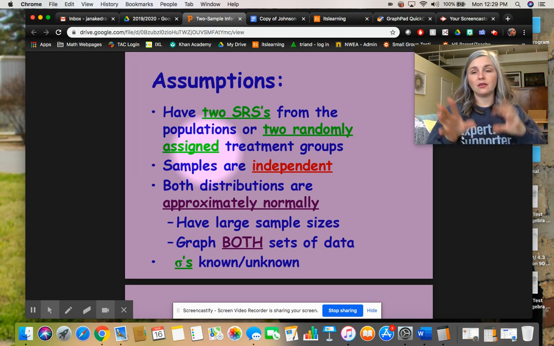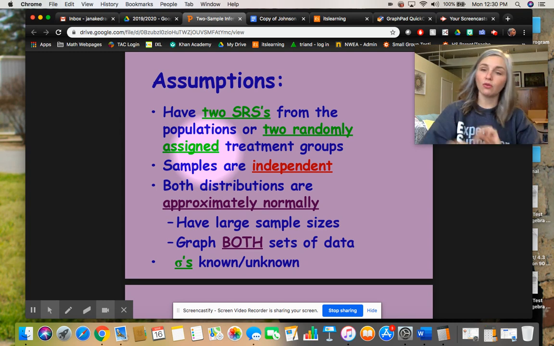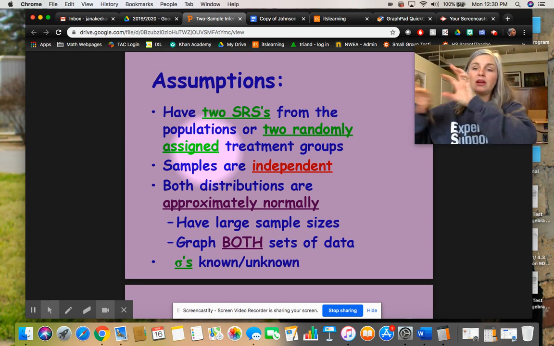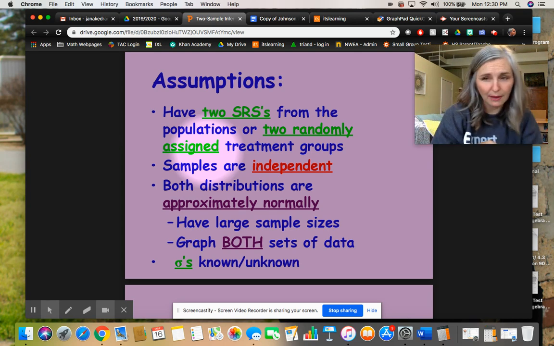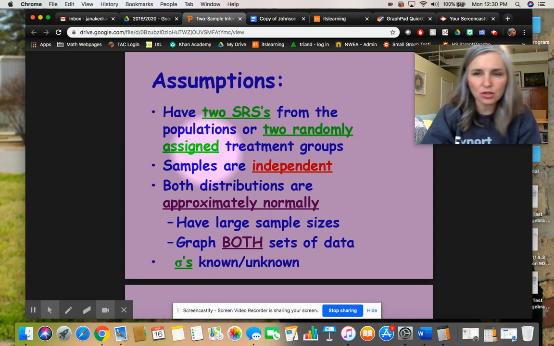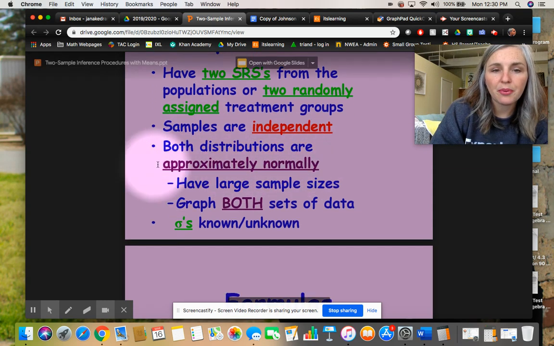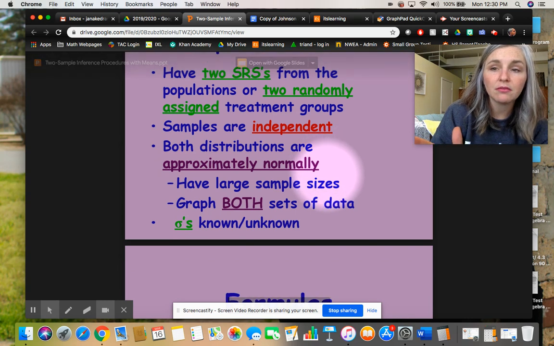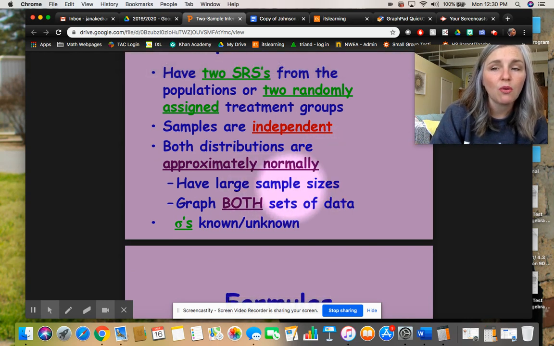So like men and women randomly selected, or I've got a group and I'm randomly assigning 2 treatments to that one single group, okay? Then that kind of naturally splits it into 2 groups. Both of the distributions are approximately normal, meaning that they have large enough sample sizes, since we're talking about means, or you graph both sets of data and it works out.